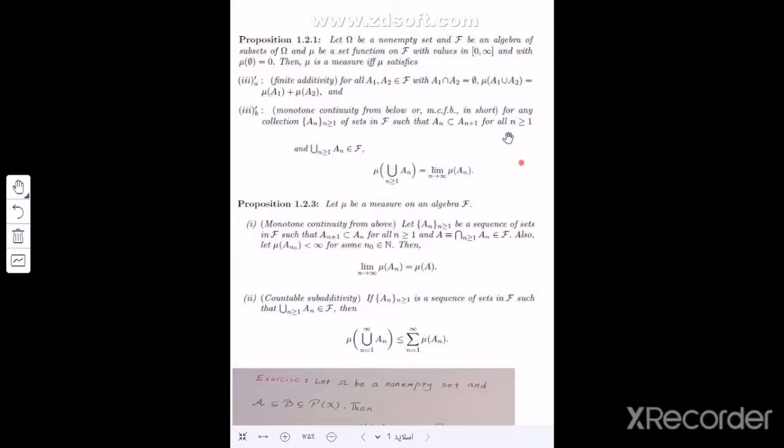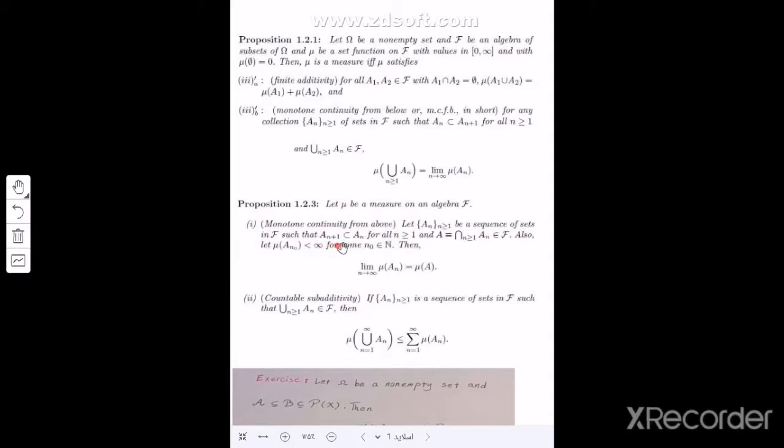Please compare this condition and this condition. These two conditions are converse to each other. Here An is a decreasing, non-increasing chain. For example, A2 is a subset of A1, A3 is a subset of A2, and so on.